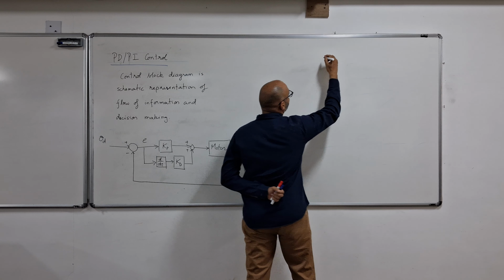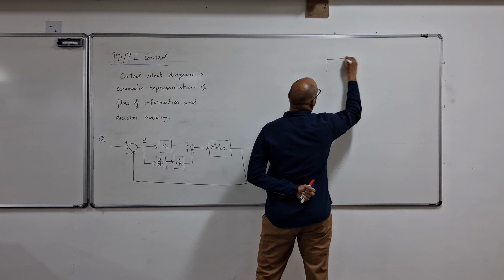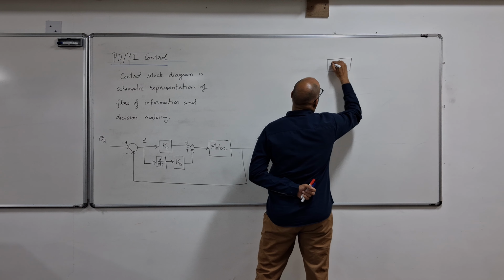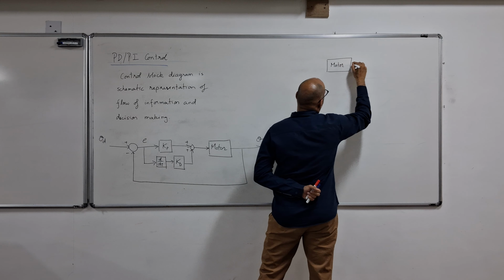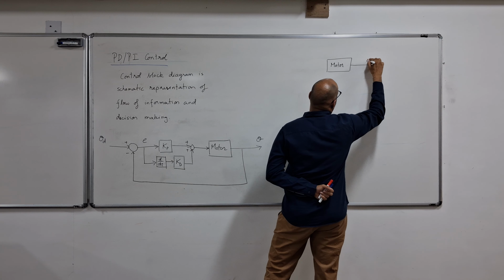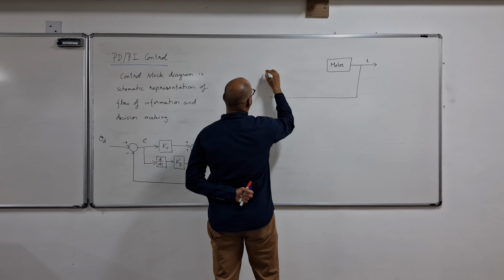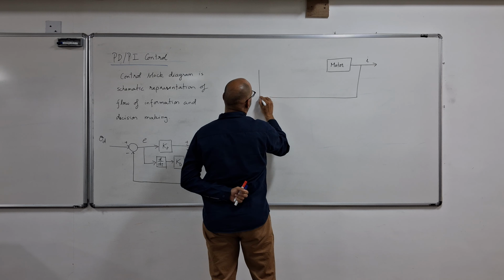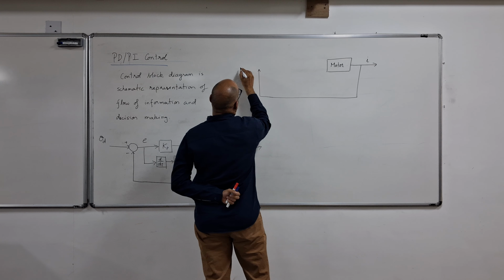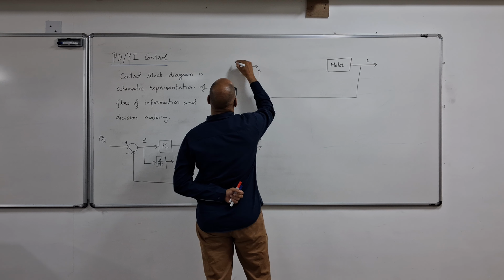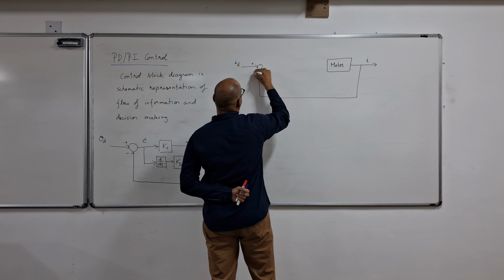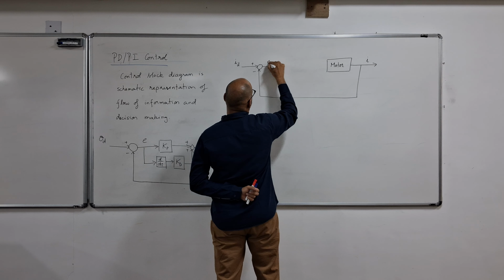So I still have a motor, and there is some current flowing through the motor. Let me call it I. This is sensed and sent back to compare with what the desired current needed to be, and this difference is the error in the current.